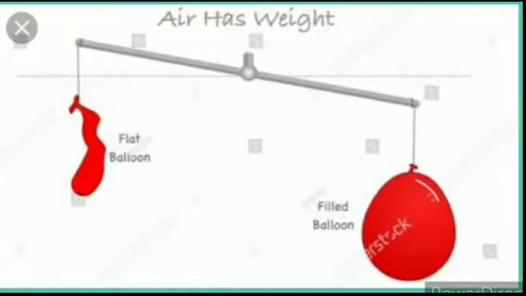Because it shows that the full blown balloon has weight. It contains pressure. That's why the stick has tripped on which side? On the full blown balloon side. Understood, student?